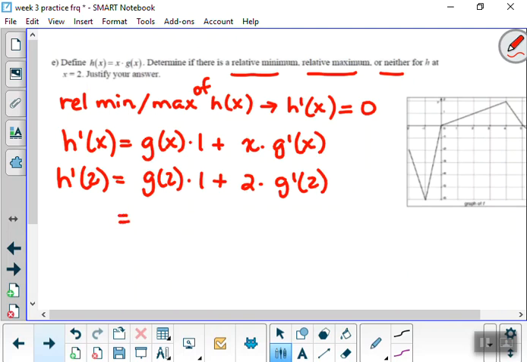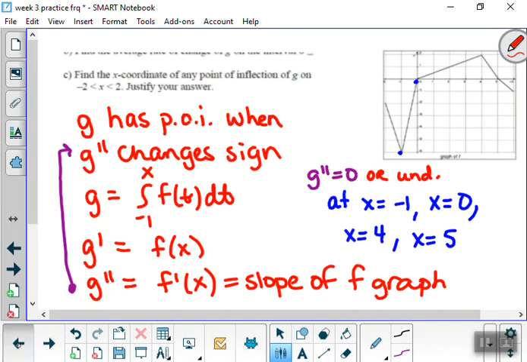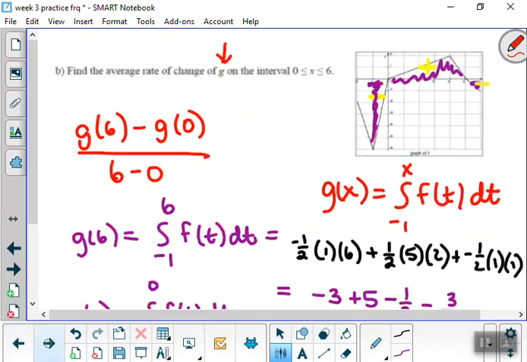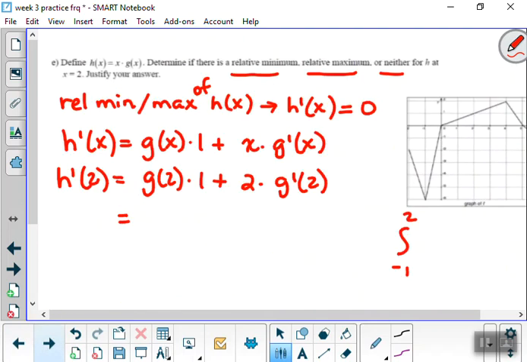Okay. Once again, integrals to do from -1 to 2. I think that's the one we did at the beginning, right? G of 2, yeah. G of 2 is -2. And g prime of 2 was 1. So, possible min or max at 2.